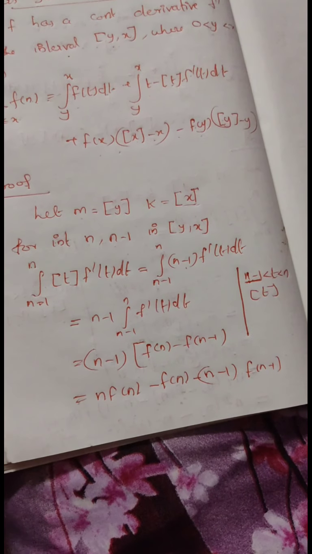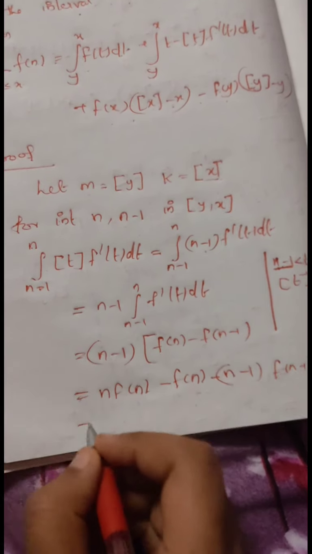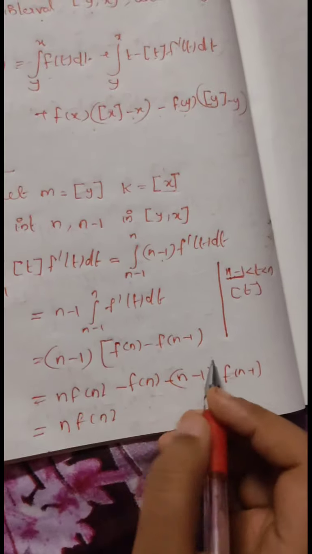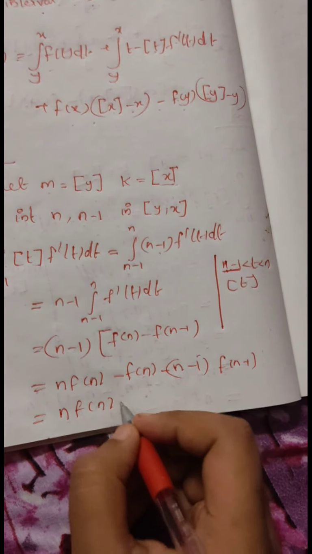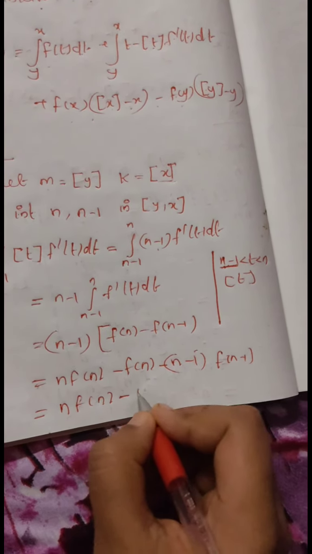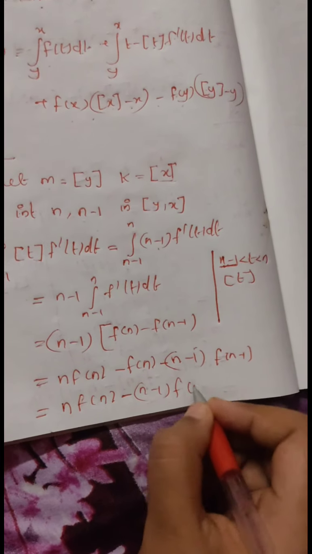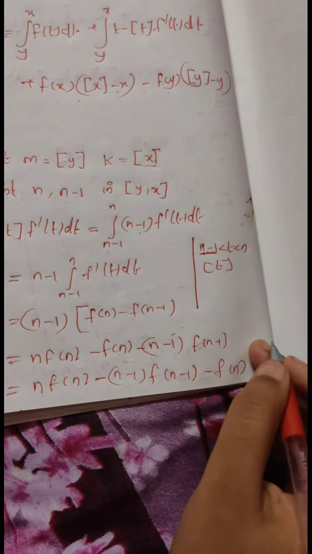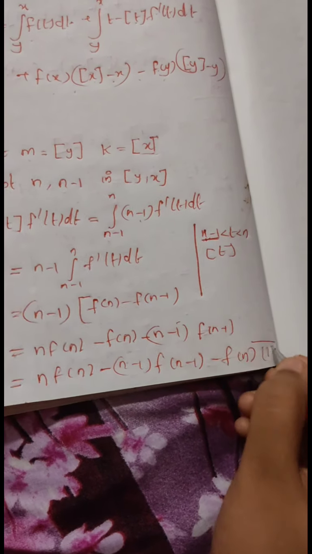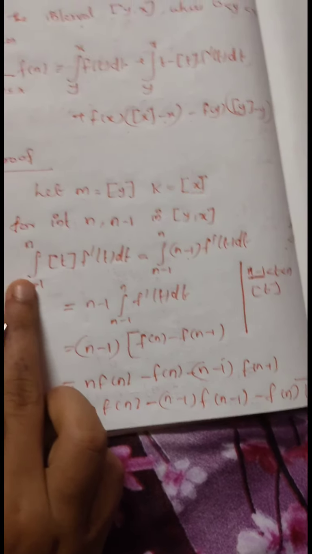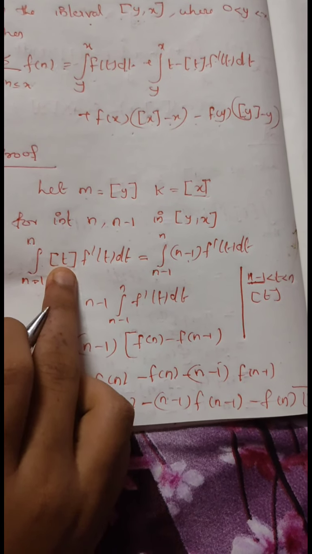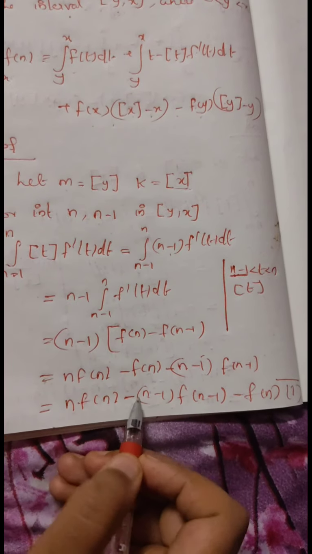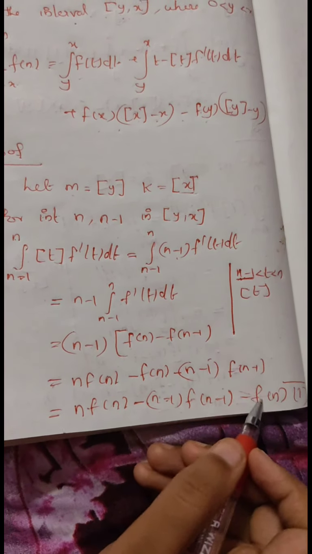I can write it like this, which is the same as n f(n) minus (n minus 1) f(n minus 1) minus f(n). Call this equation number 1. So the integral from n minus 1 to n of [t] f'(t) dt equals n f(n) minus (n minus 1) f(n minus 1) minus f(n).